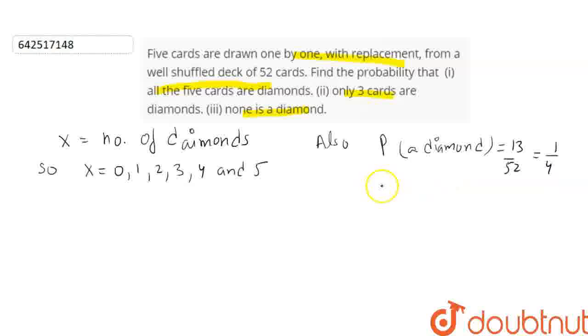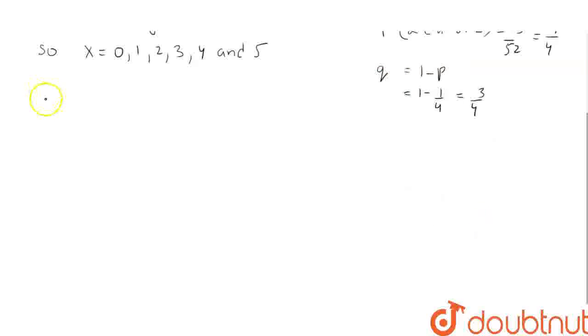So the value of Q, the probability of failure, will be 1 minus P, that is 1 minus 1 by 4, that is 3 by 4.